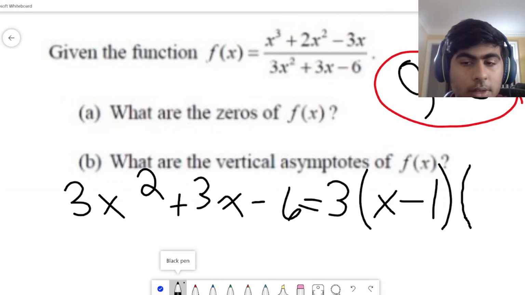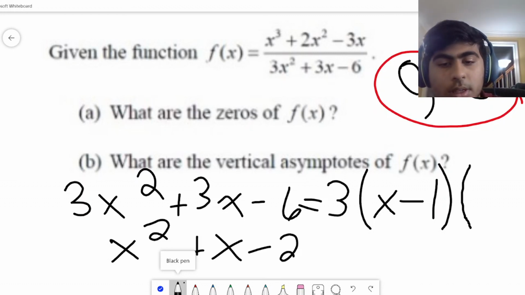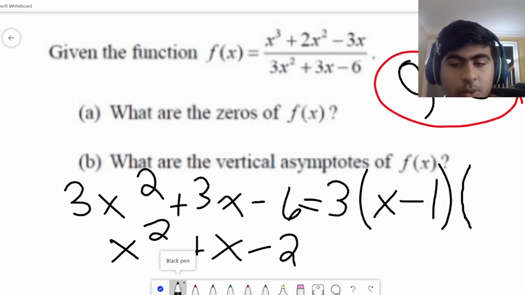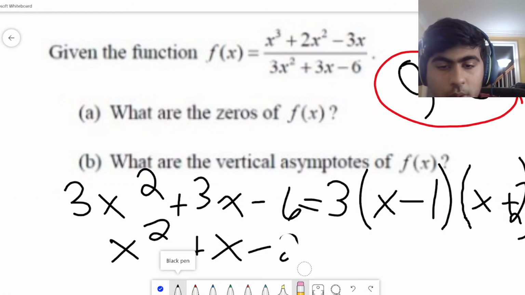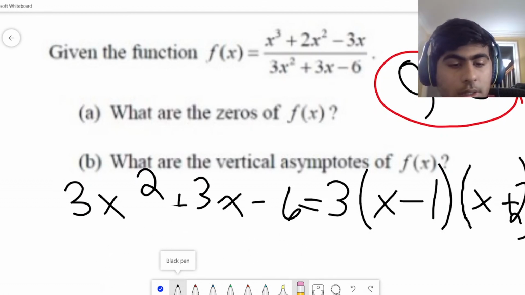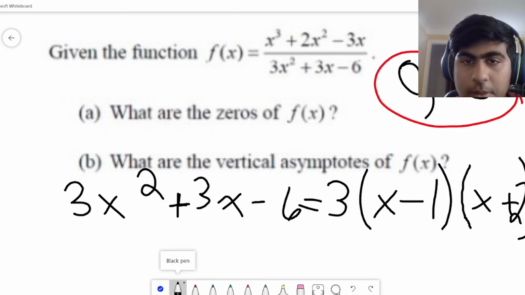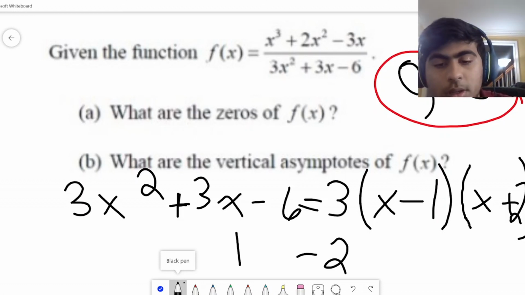And then if we divide this whole thing by 3, we get x squared plus x minus 2. And then we divide that by x minus 1, and end up with x plus 2. So this is our denominator factored out. Now, vertical asymptotes, the denominator has to be 0. So that's 1 and minus 2.